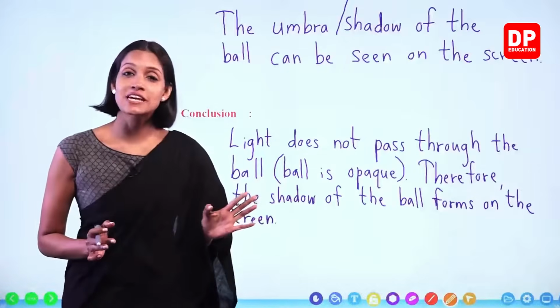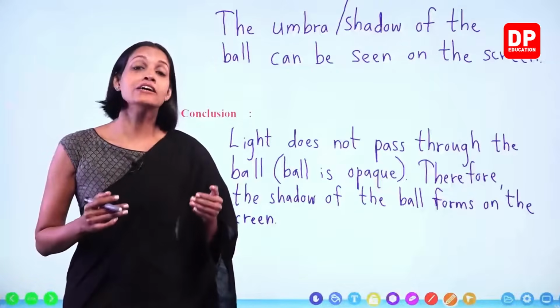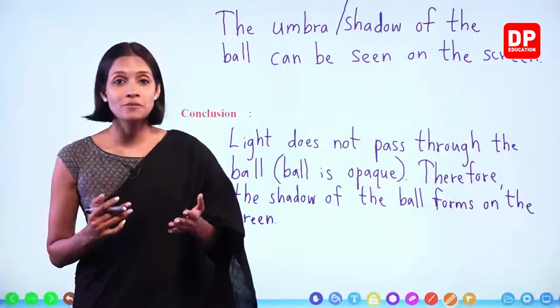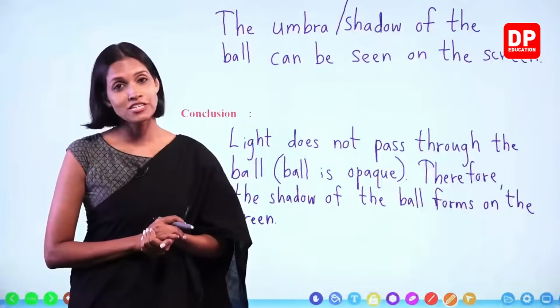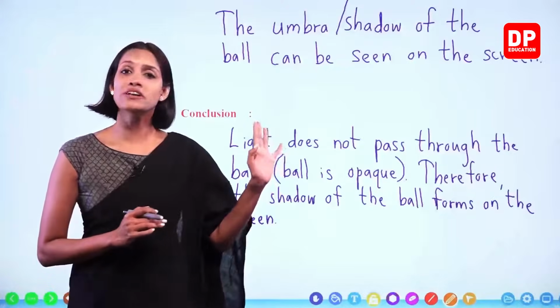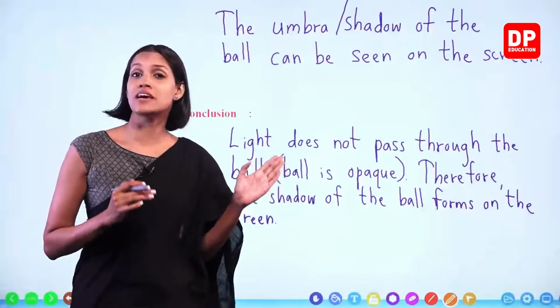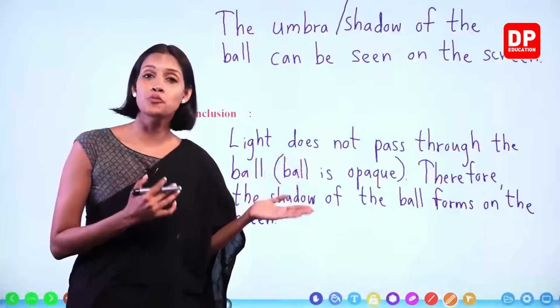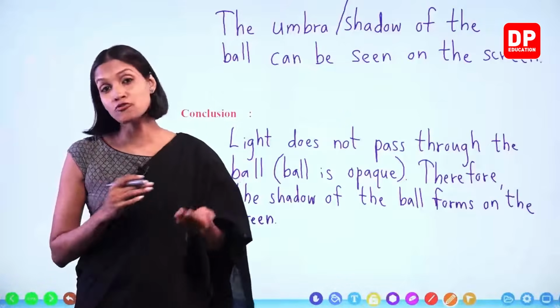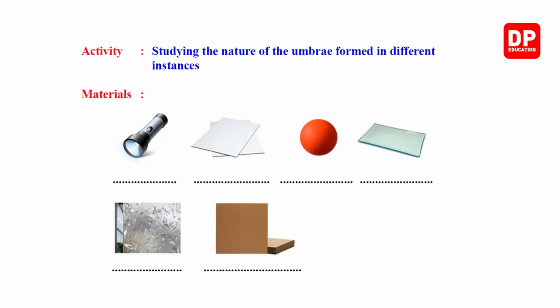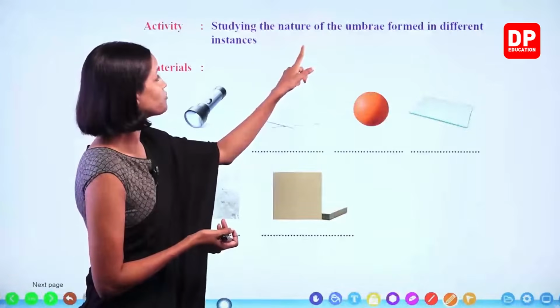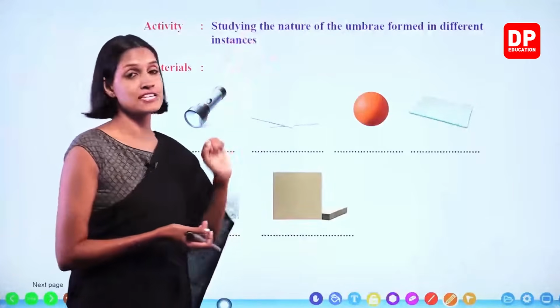So after doing this activity, it is very clear that the formation of shadows takes place when light falls on opaque materials. Okay, children? So we are going to do another activity to understand more about the formation of shadows and the nature of shadows as well. Okay? Right. So the next activity is studying the nature of the umbra formed in different instances.